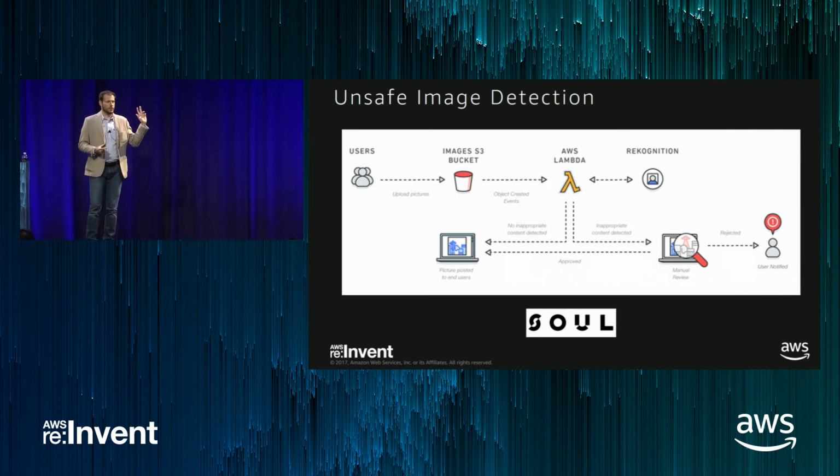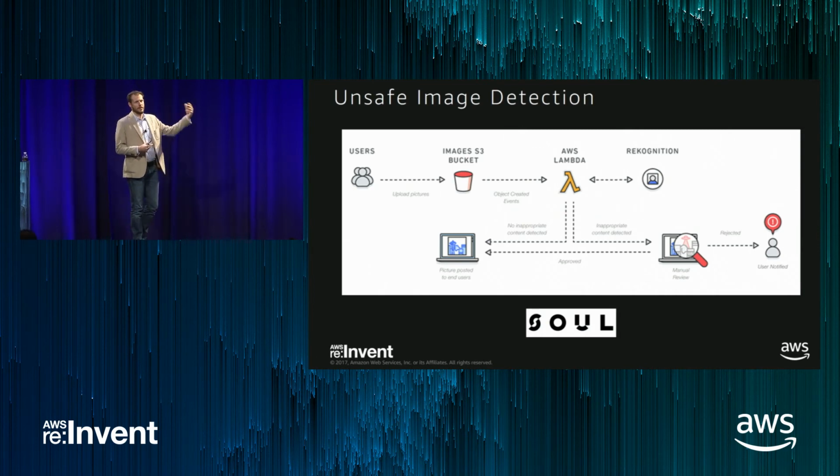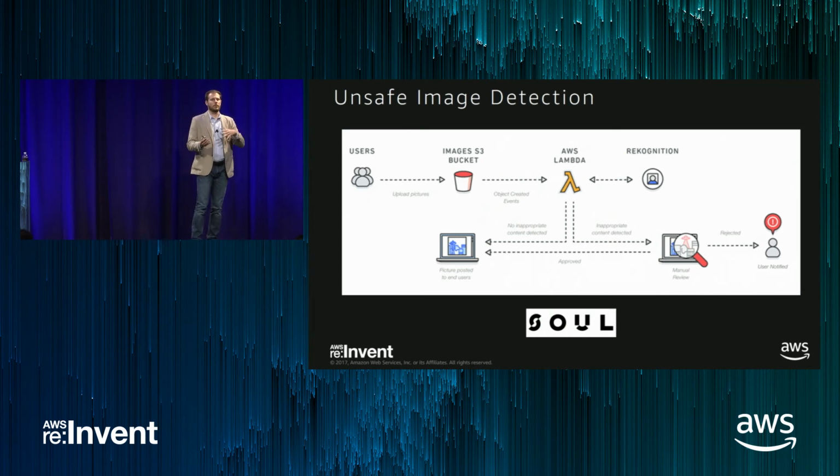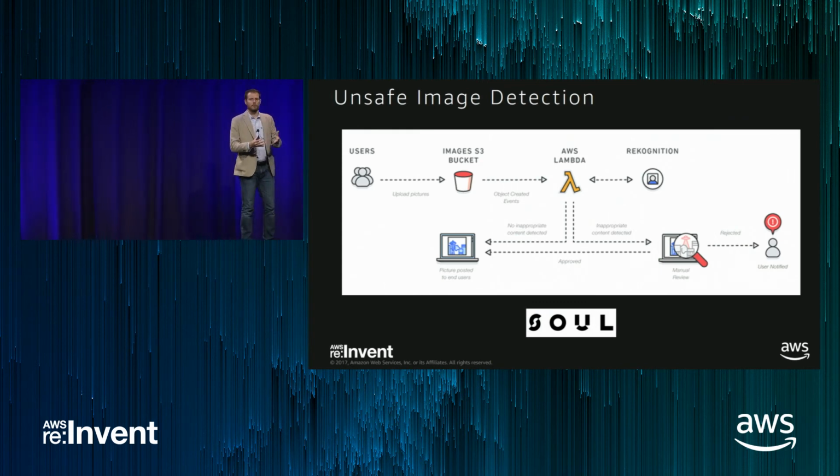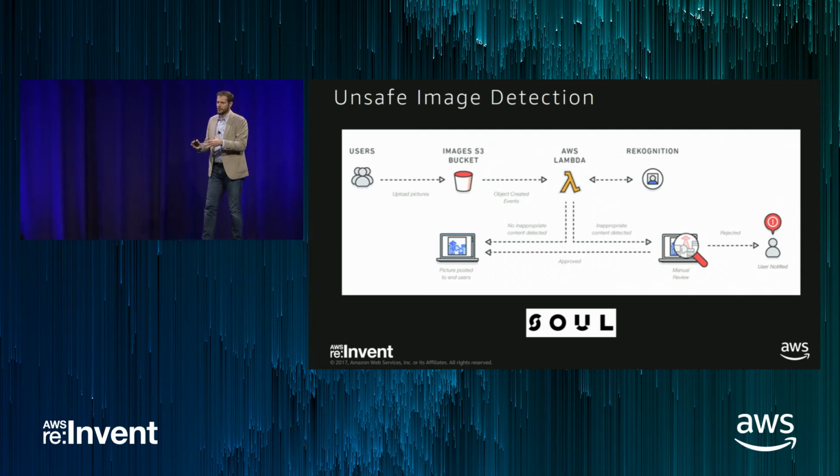In this case, what you can see is, again, a similar architecture to the one we saw before, where a user submits an image, it gets stored on S3, and then Rekognition gives labels that tell you it's explicit content, it's suggestive, it's female swimwear, and this way you can send only the images that you consider to be monitored and manually reviewed to a moderation workforce, which allows you to dramatically reduce the cost of your moderation workforce.